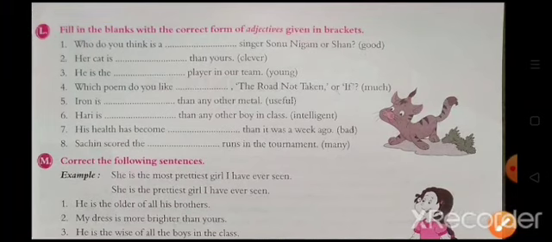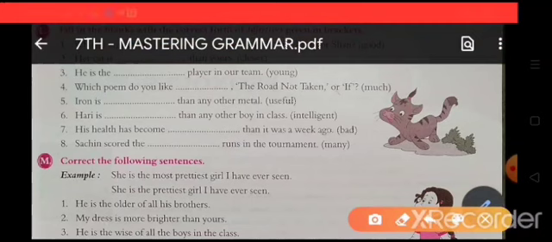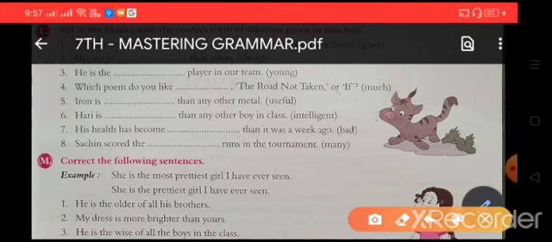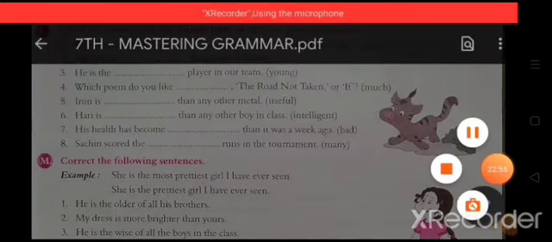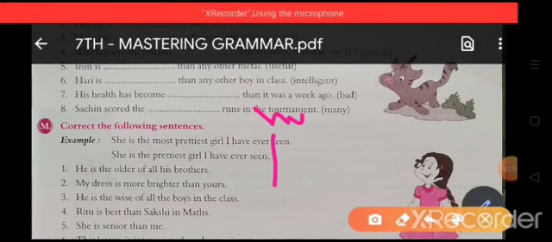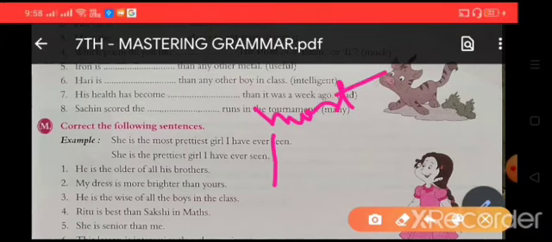His health has become dash than it was a week ago. Worse. Sachin scored the dash runs in the tournament. Most runs in the tournament.